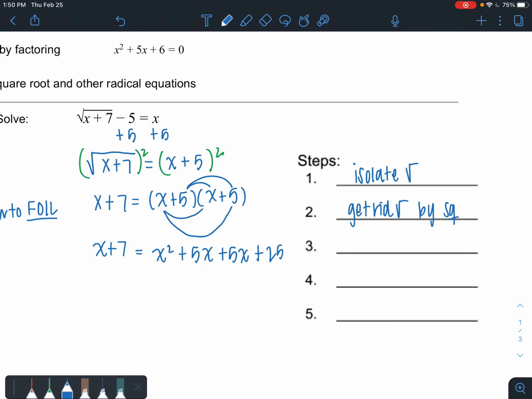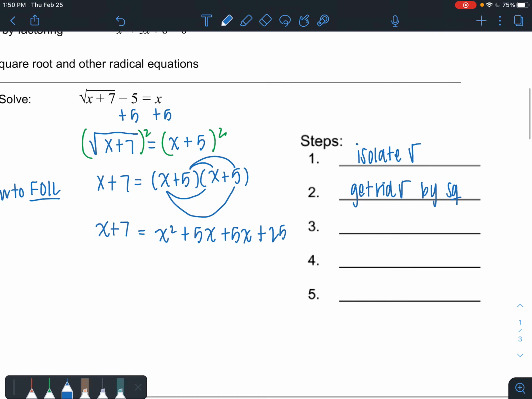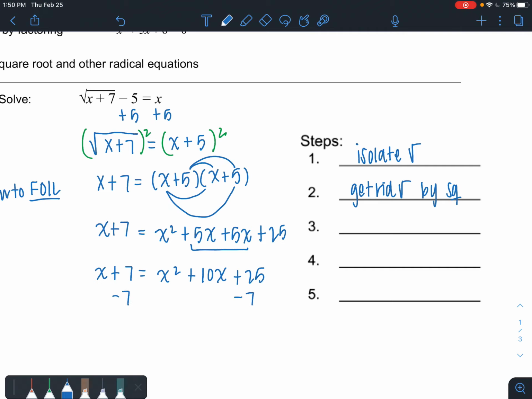Now we want to get everything equal to 0, so we'll combine like terms. x plus 7 equals x squared plus 10x plus 25. Let's make it equal to 0 by subtracting 7.